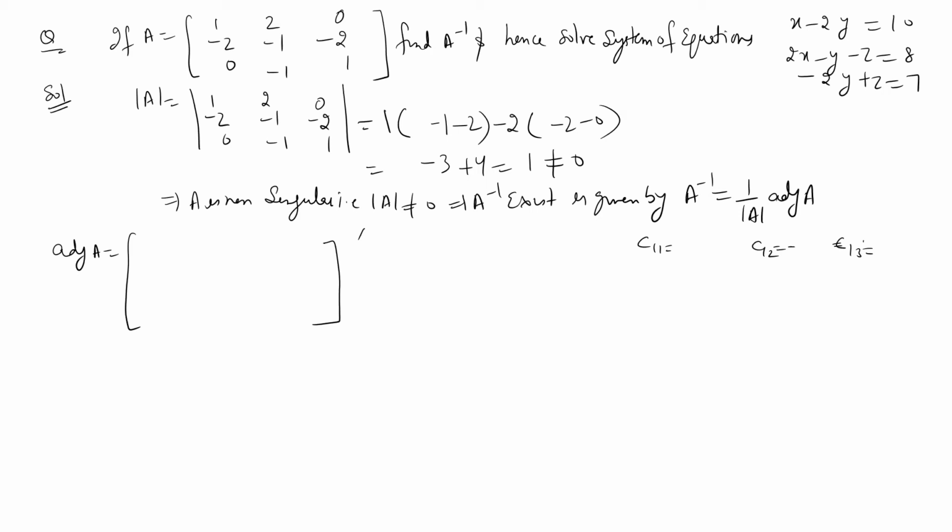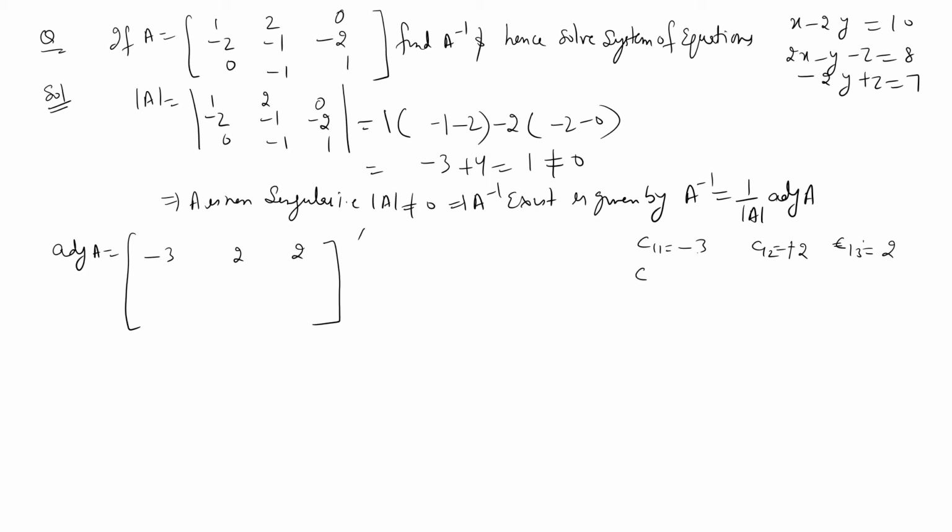So let us start. This is minus 1 and minus 2, that is minus 3. For this it is minus 2, so minus of minus 2 is plus 2, and for the last it is 2. So I get the first row as minus 3, 2 and 2.